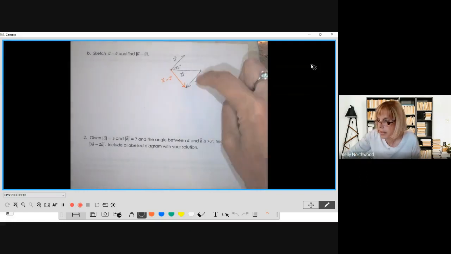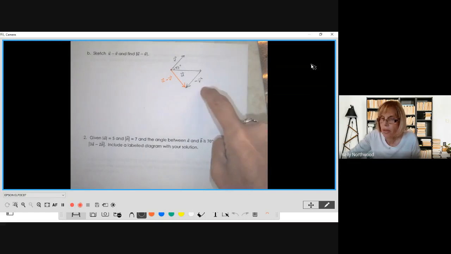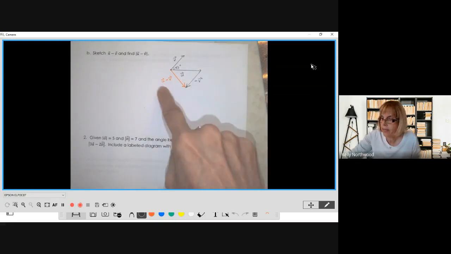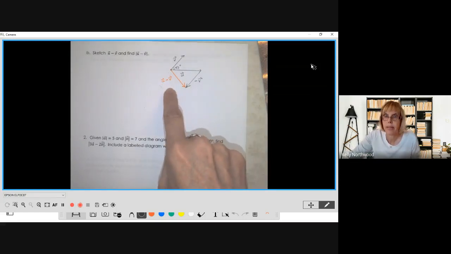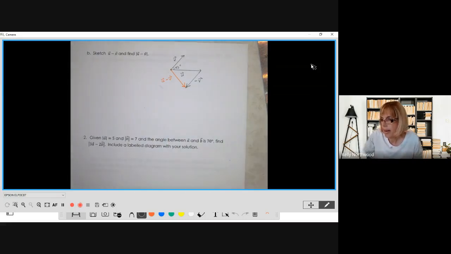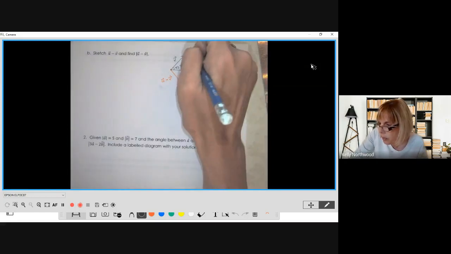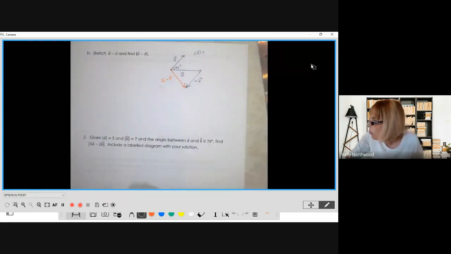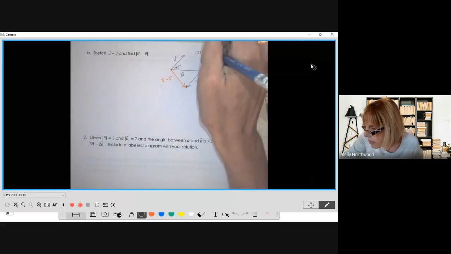So I've labeled the three sides with vectors. This is vector u, vector negative v, and vector u minus v. And I want to find the magnitude of vector u minus v. I know the magnitude of vector u from the previous question was 7.